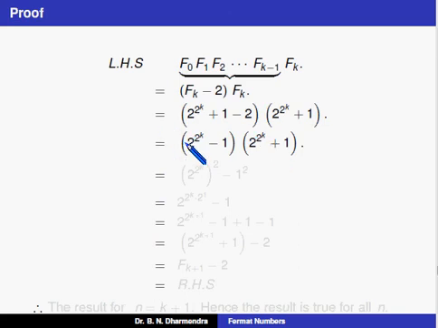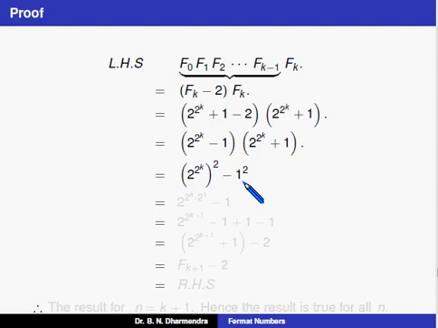So we have to observe this one is in the form a minus b into a plus b. So it can be written as a square minus b square. What is a here? a is 2 to the power of 2 to the power of k and the value of b is 1. So therefore that can be written as a square minus b square, or it can be written as 2 to the power of 2 to the power of k whole square minus 1 square.